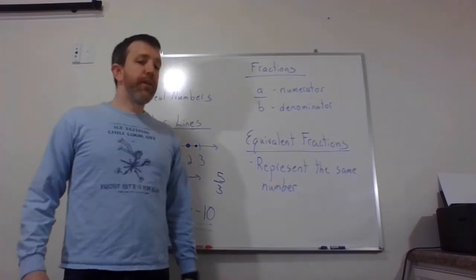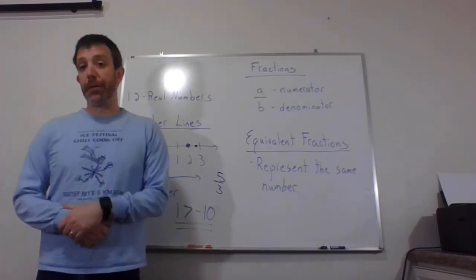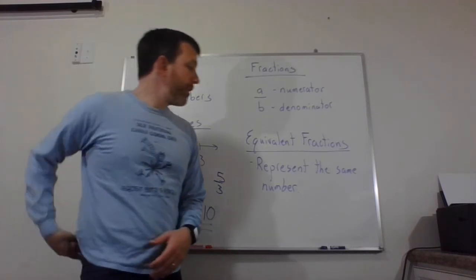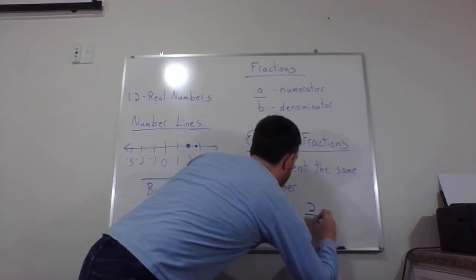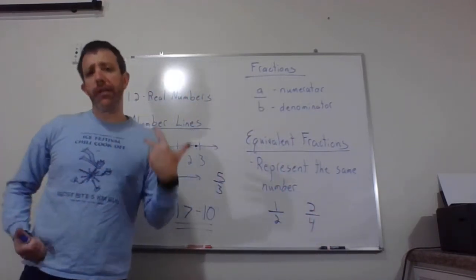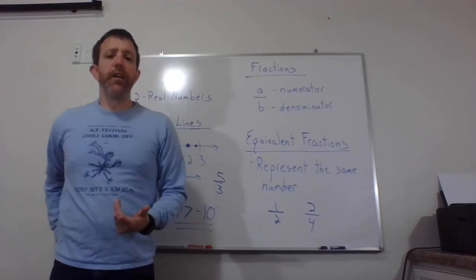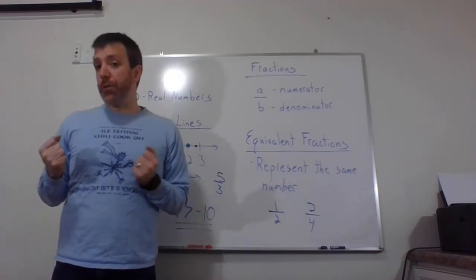Equivalent fractions. So equivalent fractions are fractions that represent the same number. A really good example of that would be 1/2 and 2/4. So here's what I want you to do. If you're confused about that at all, draw yourself a pizza. Or rather, draw yourself 2 pizzas.